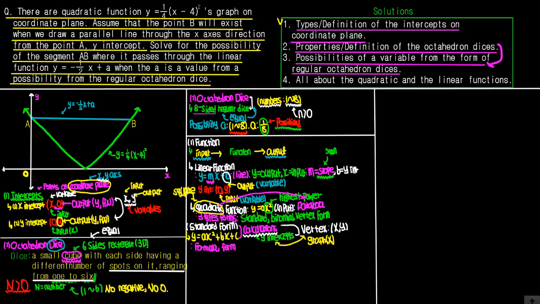Now let's think about the second one, which is going to be our binomial form. The format is y is equal to a times x minus p squared plus q, as we have talked about in a lot of videos. And as we can see, the binomial form is optimized for solving for the x-intercepts.